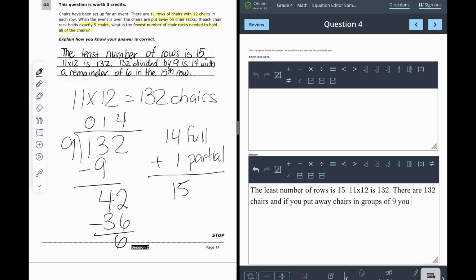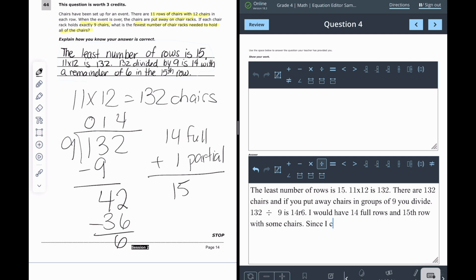You divide. So now I would just say the next part, 132 divided by 9 is 14, remainder 6. I would have 14 full rows and a 15th row with some chairs.